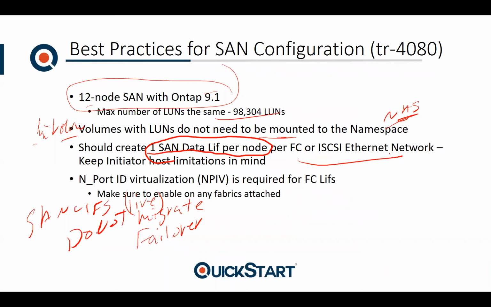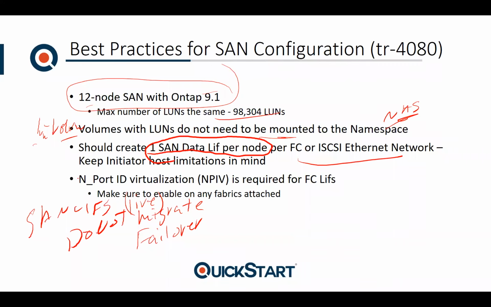So in that case, you might not be able to take advantage of all 12 nodes and have all those ports there. So it's a little balancing there. But start off with the one data LIF per node rule, per network. And again, do your research as far as those host initiator operating systems and what they can support.